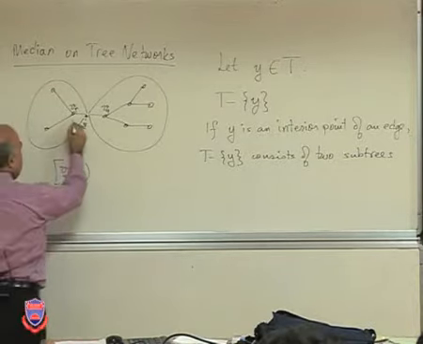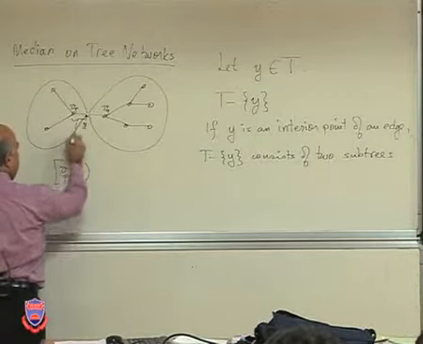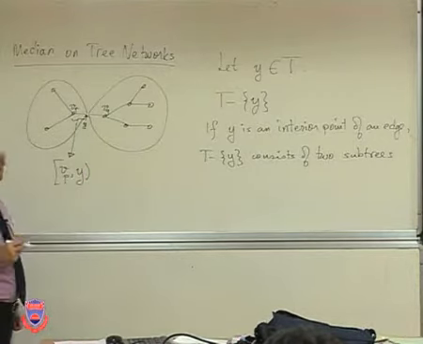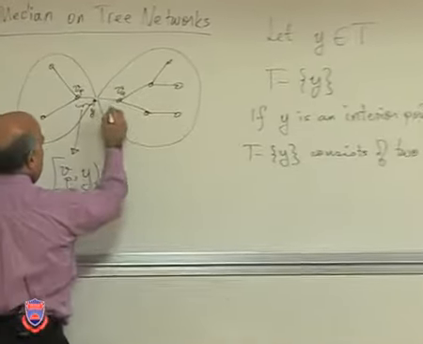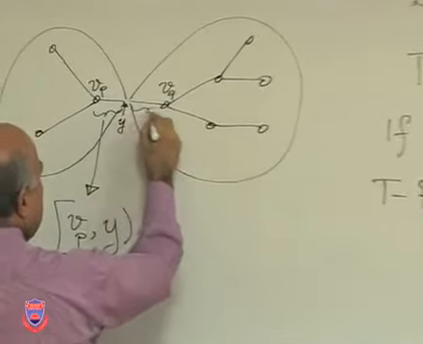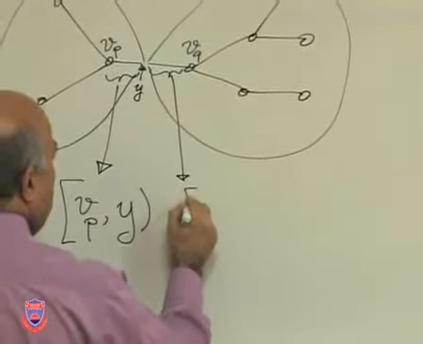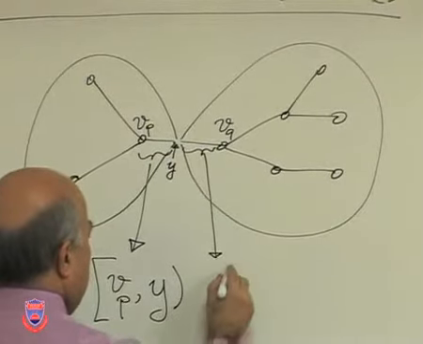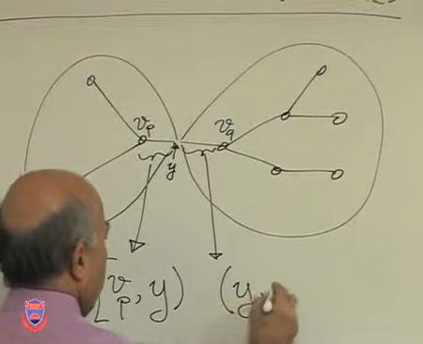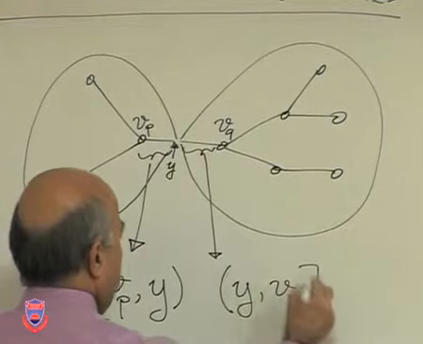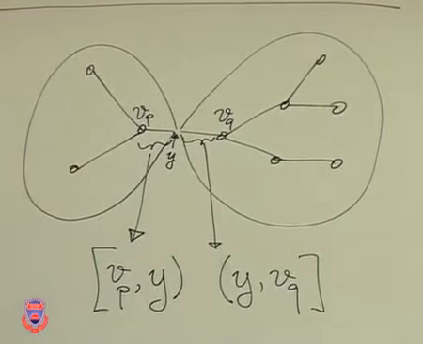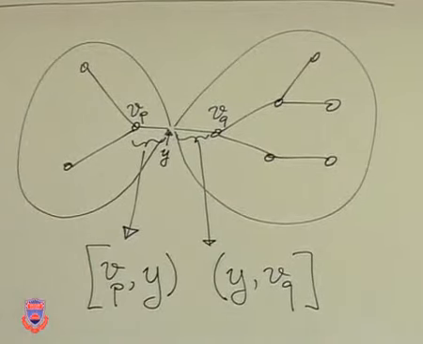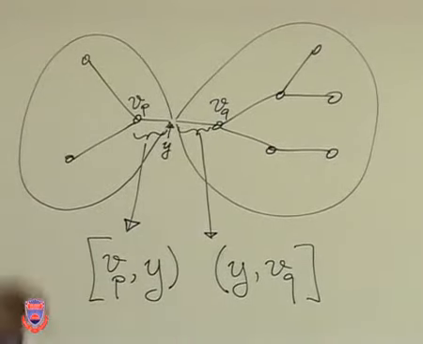That's this sub-edge here. Okay? The other one is similar. There's another sub-edge here, which is, let's write it this way, y with VQ. And then you've got the rest of the tree.